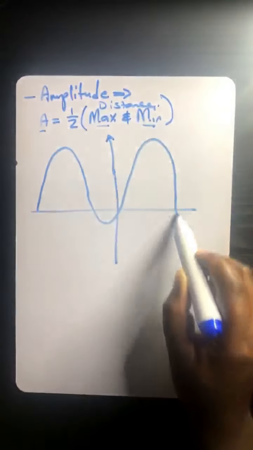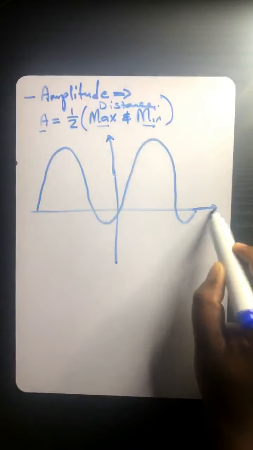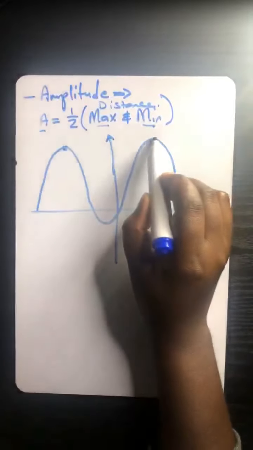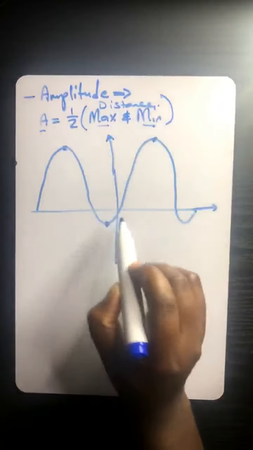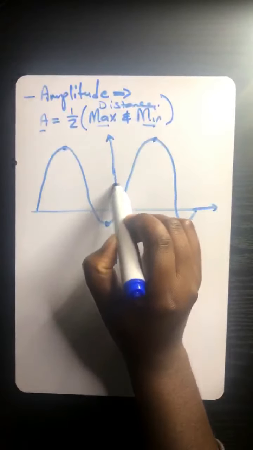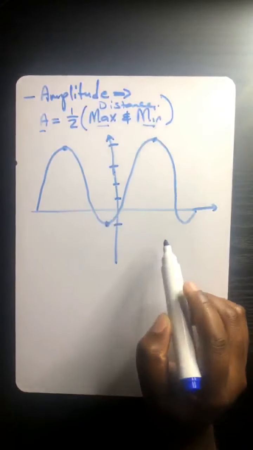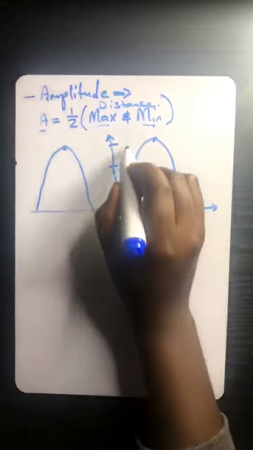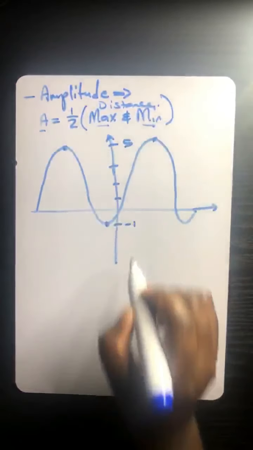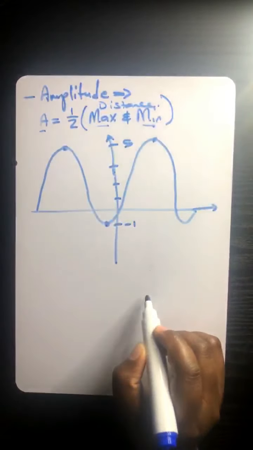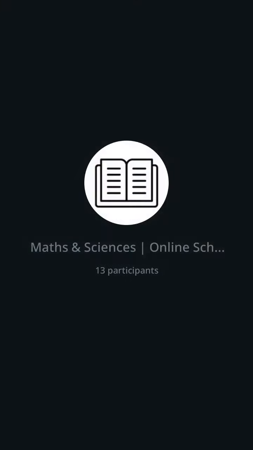Just as an example, guys, I know it's a funny sketch, but let's just assume it is not funny. Let's say it's 1, 2, 3, 4. This is -1. Now let's say there is 5 and here's 1, and the question may be saying, what is the amplitude over there?